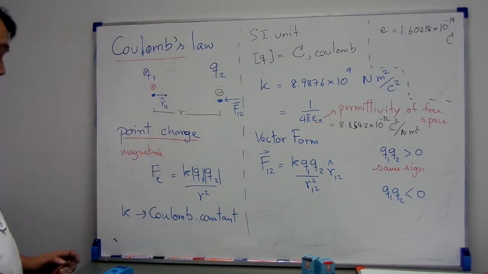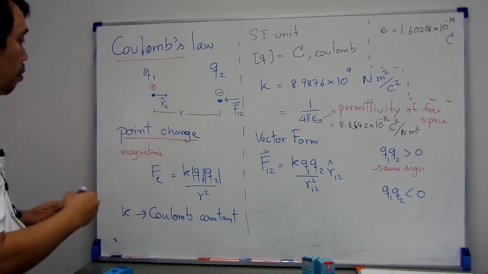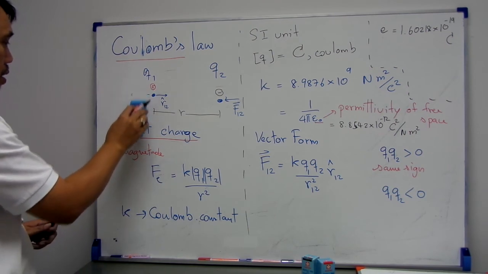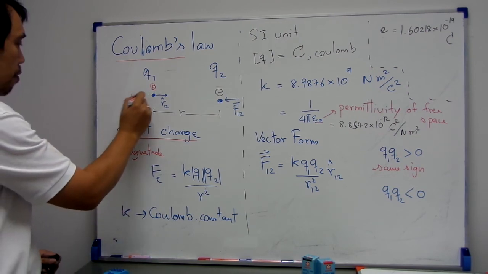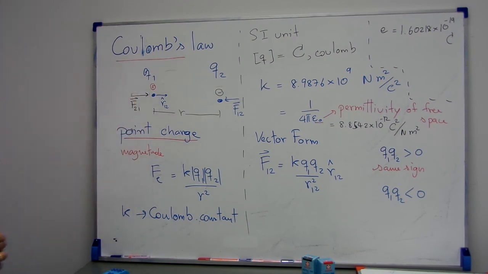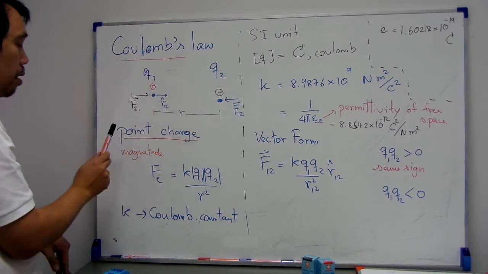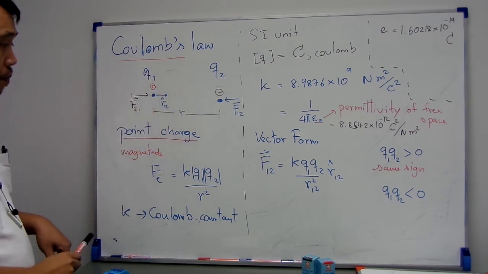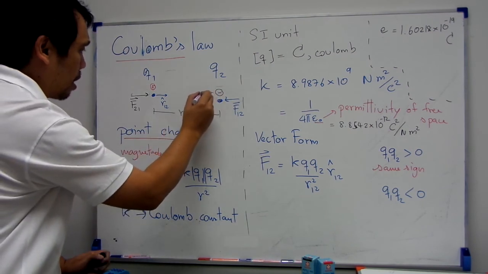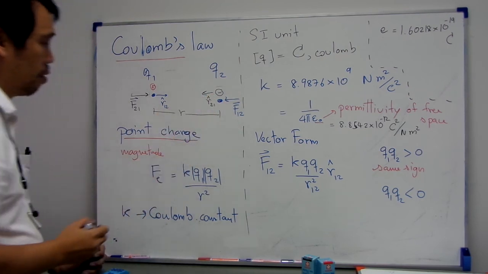Now, what about the force F21? The force F21 is the force from charge number 2 on charge number 1. We can write this with R21 also.